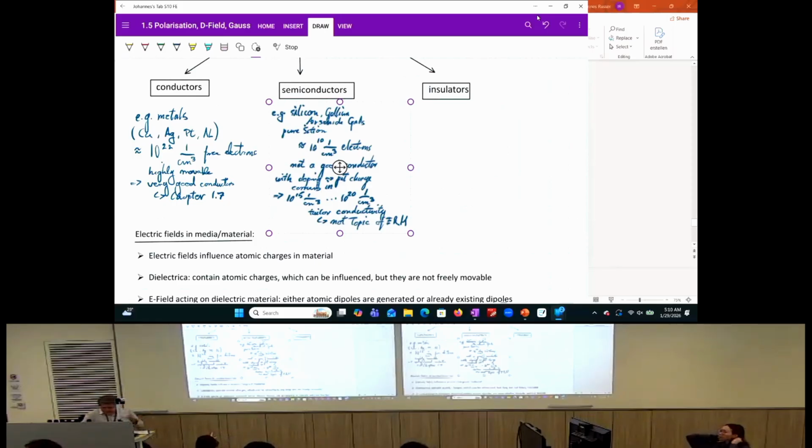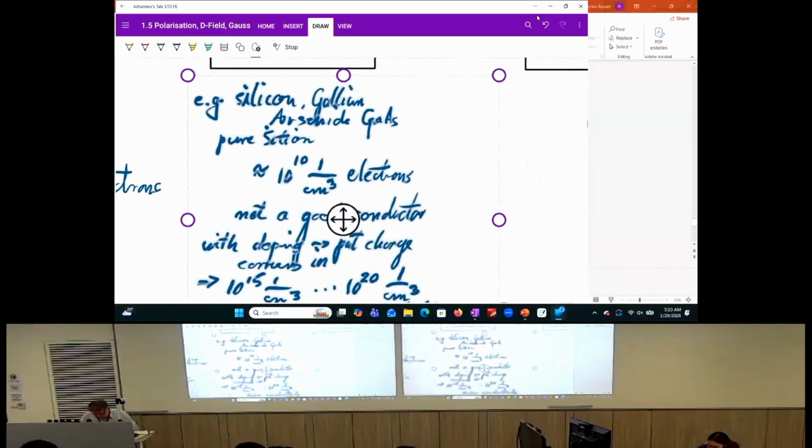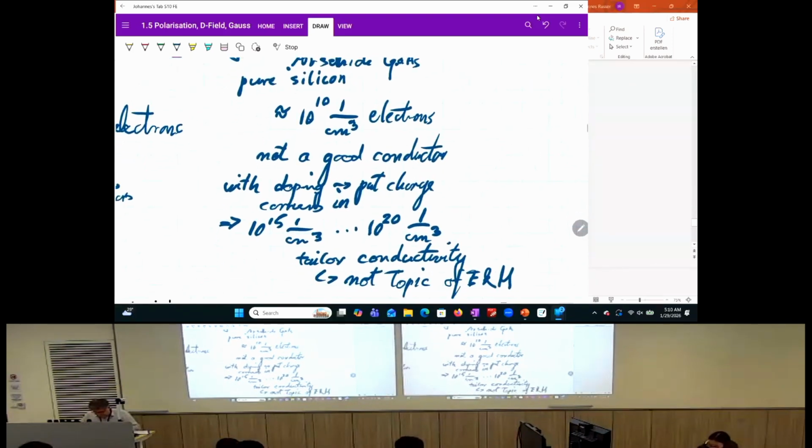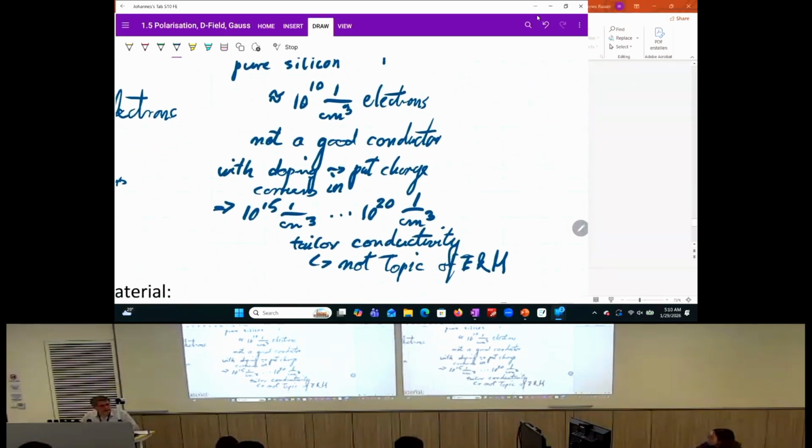Pure silicon. I don't know why this extra line entered in. This here is doping. Carriers. So you can put charge carriers in by adding some doping.